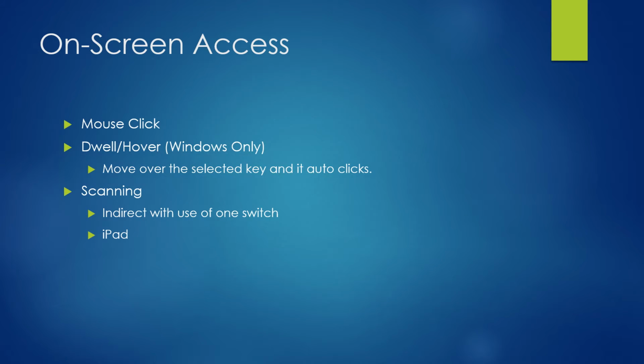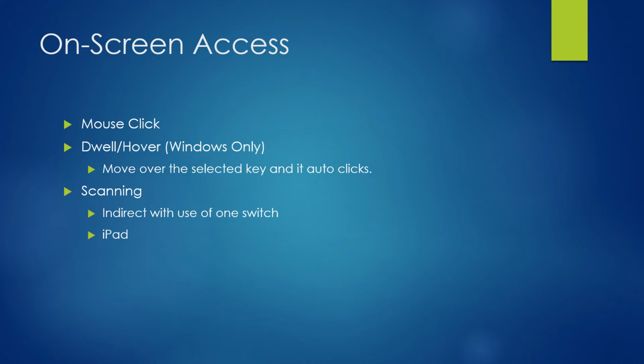There are three methods of access for a Windows and MacBook computer on-screen keyboard. One is using a mouse click, or if you have a touchscreen desktop or laptop, you can actually direct select the keys you would like to press. You can use dwell or hover, which is only available on Windows, in which you hover over the key that you want to press and it would automatically click it for you.